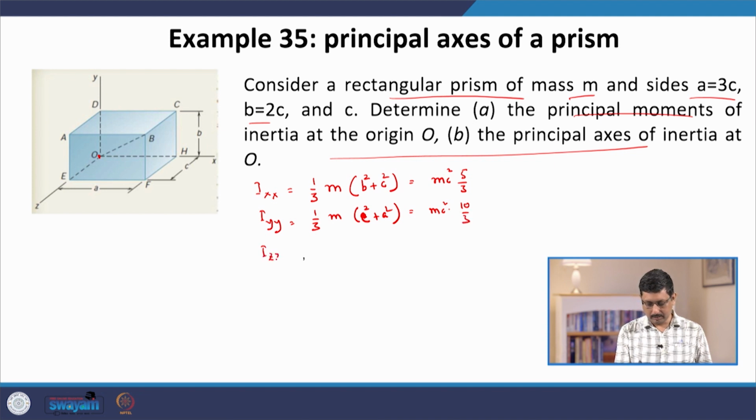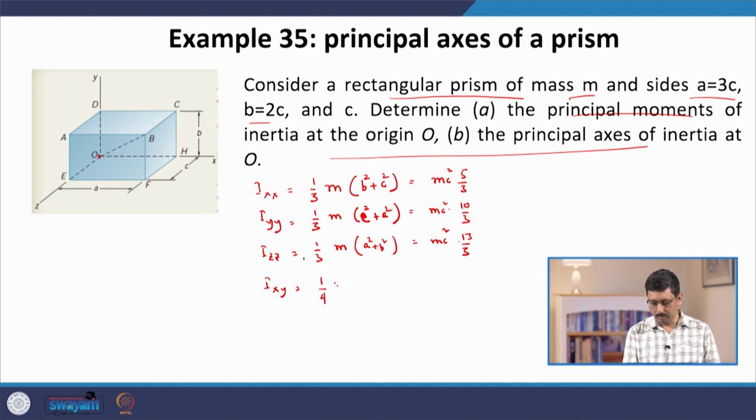And Izz was 1 by 3 m (a square plus b square). So this will be m c square times 9 plus 4, 13 by 3. So these were the components, and the products of inertia were: Ixy was 1 by 4 m a b, where this is 3 and this is 2, so this is m c square times 3 by 2.